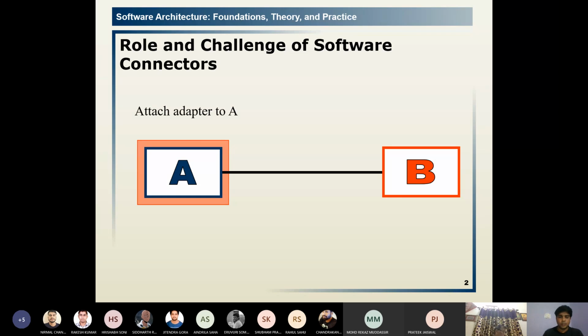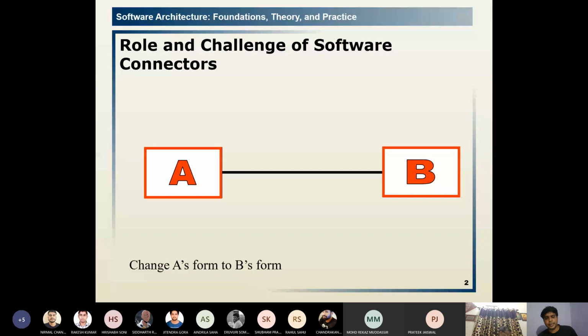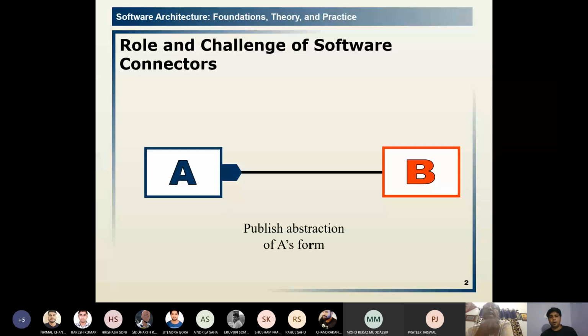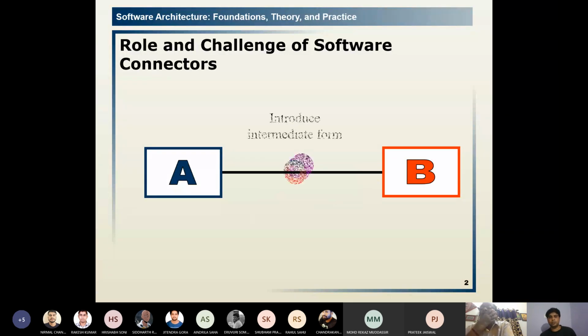The service as a converter. Now on the B side also. Now change A's form to B's form. Now we will convert it from A to B form. Then make B multilingual. Then publish the abstraction of A's form. Then provide B with the import or export converter. Next, introduce some intermediate form for the coordination.